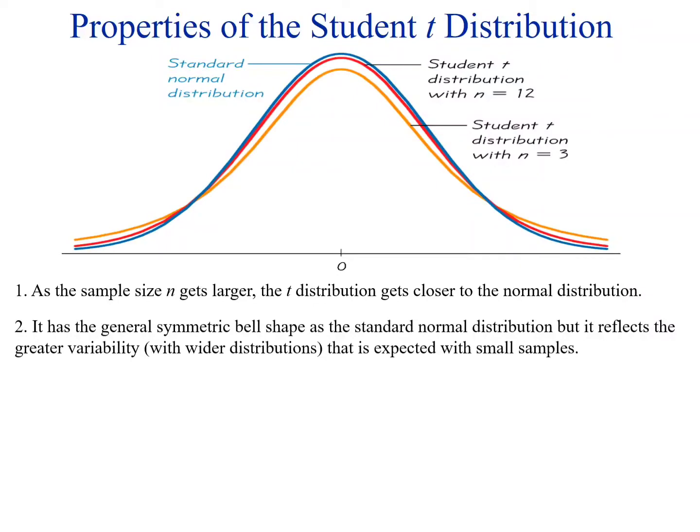It has the general symmetric bell shape as the standard normal distribution, but it reflects the greater variability, with a wider distribution that is expected with small samples. When you have a small sample, your variability is larger. For example, let's say I have a sample 1, 5, and 8.